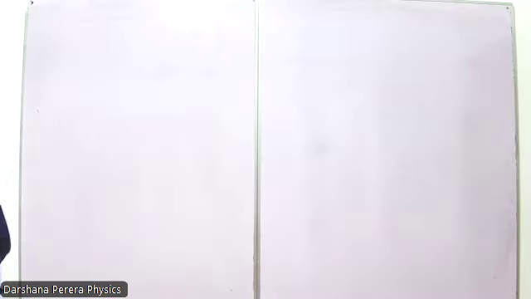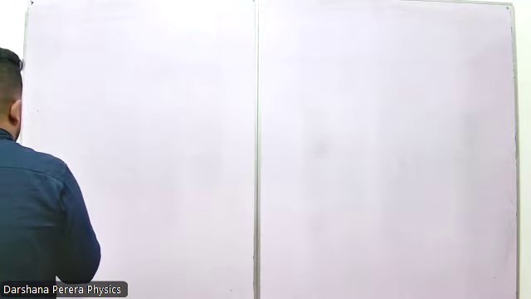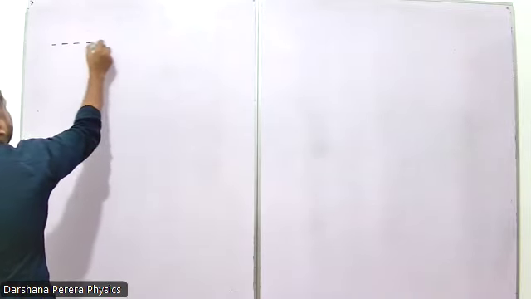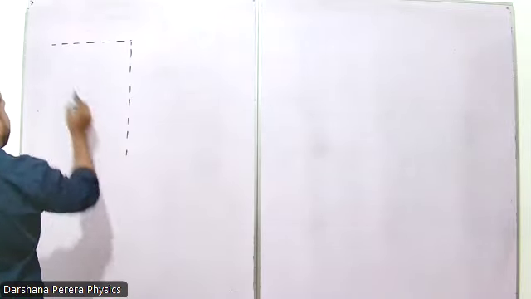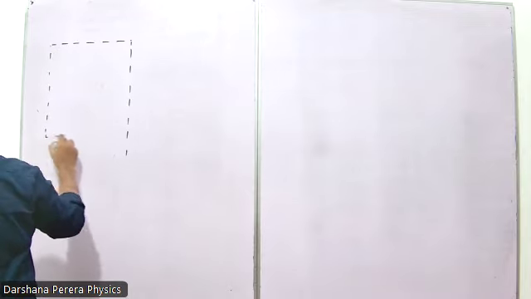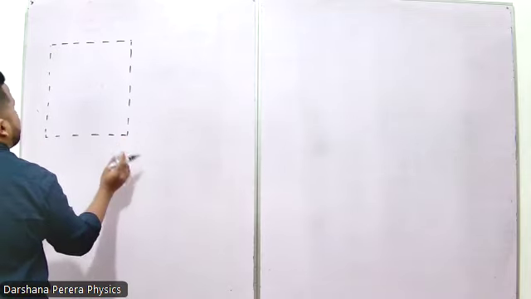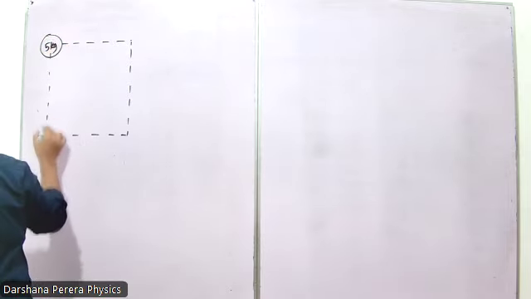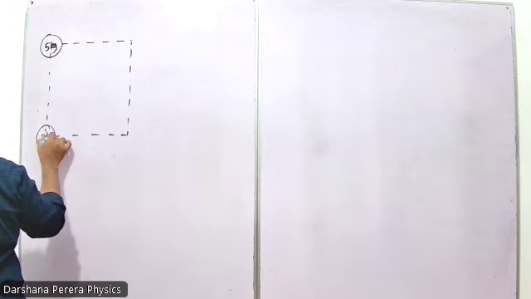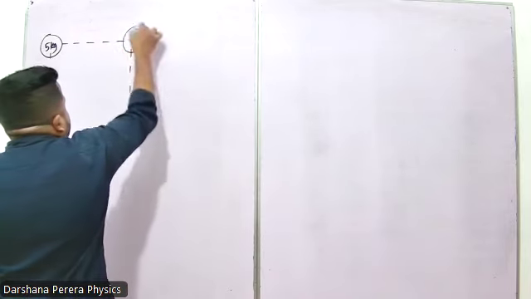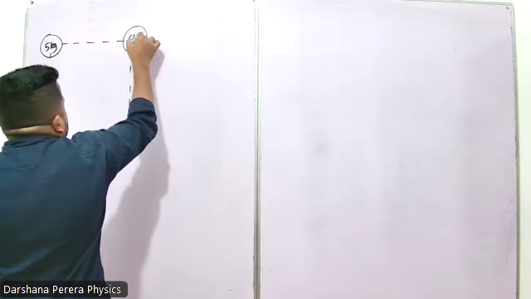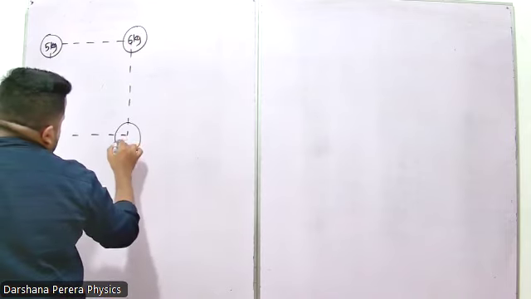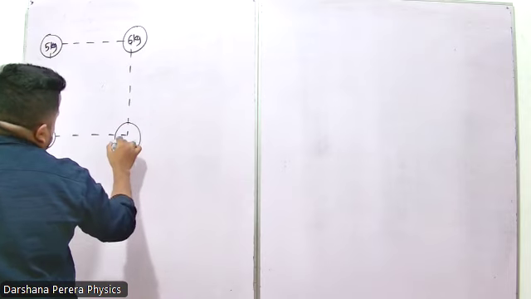So let's do the problem. I take this kind of mass system. So I place 5 kilogram, 2 kilogram, 6 kilogram, 1 kilogram.